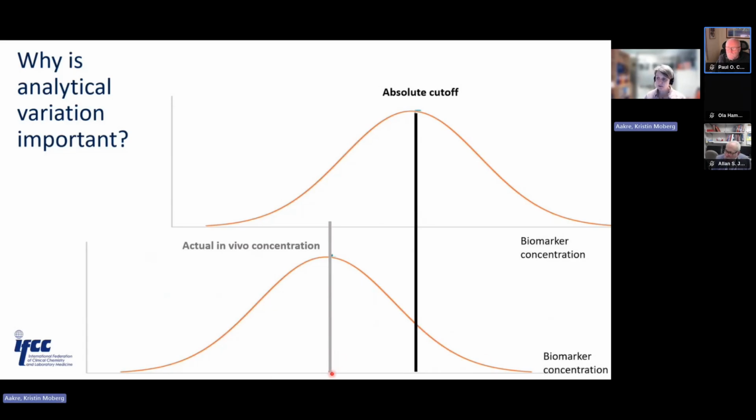However, this only applies for this patient here, and the risk is higher, but not very much higher. Okay, so that's the analytical variation. It's important to have a narrow analytical variation to reduce the risk of false classification.